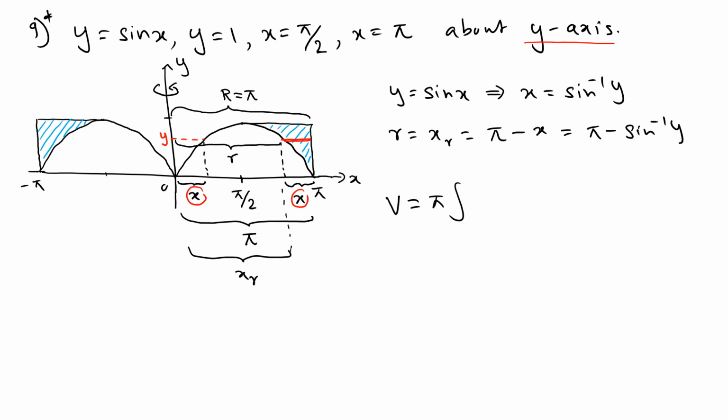It goes from 0 to 1, and the larger radius is equal to pi, so pi squared minus the smaller radius, pi minus sine inverse y, squared, dy. So that is what you get as the setup of the integral.